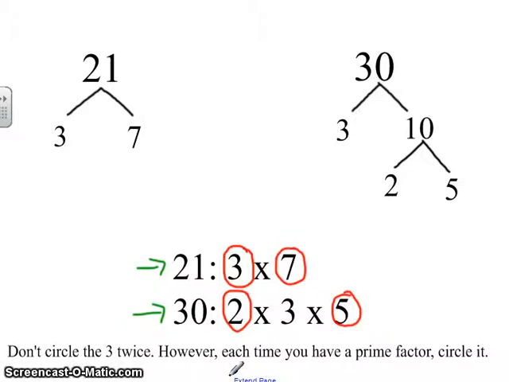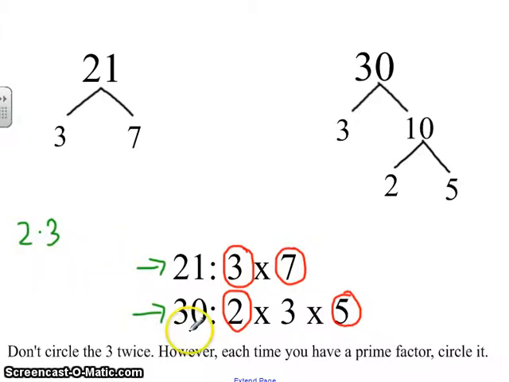For example, I'm going to look for 2's, and I want as many 2's as I can get. 21 does not have any 2's at all, so I'm going to look at the number 30. 30 has 1 2, so I'm going to write it down. Then I'm going to look for as many 3's as I can get. They both each have 1 3, so it doesn't matter which 3 I circle. I could circle this 3 or this 3, but I can't circle 3's from both lists.